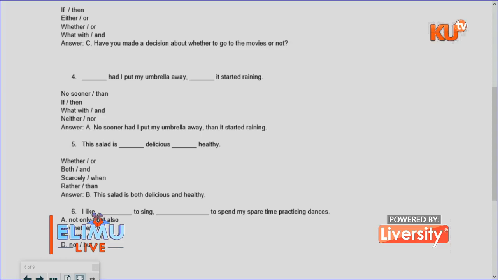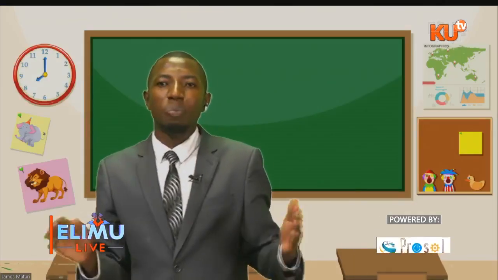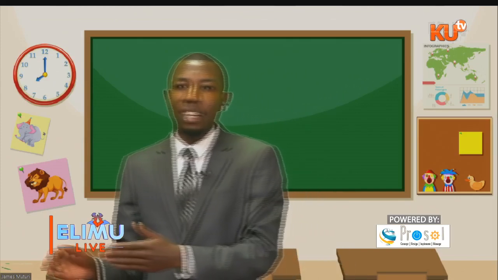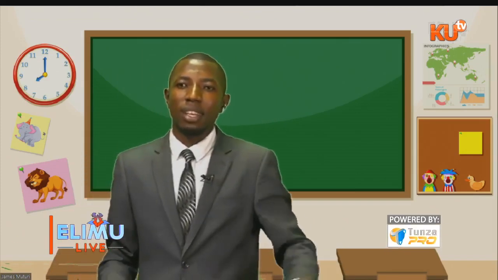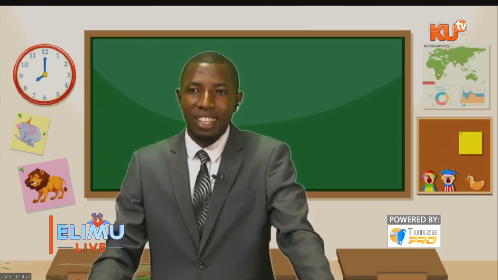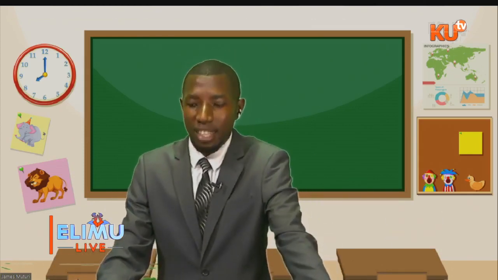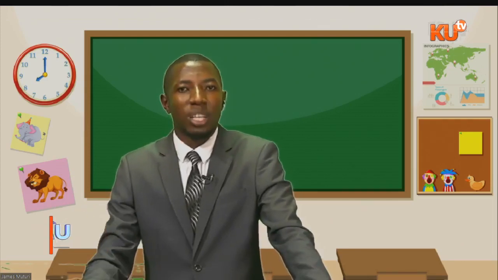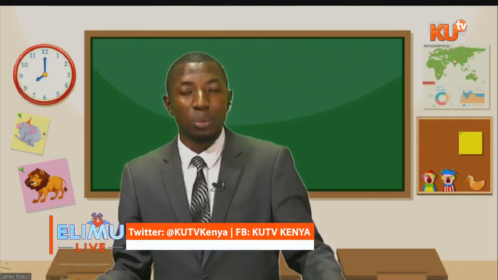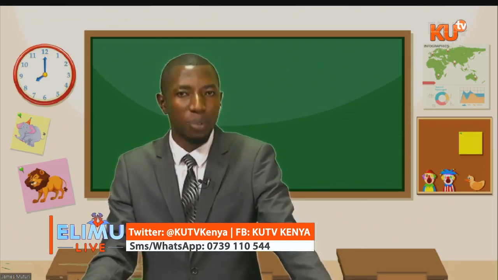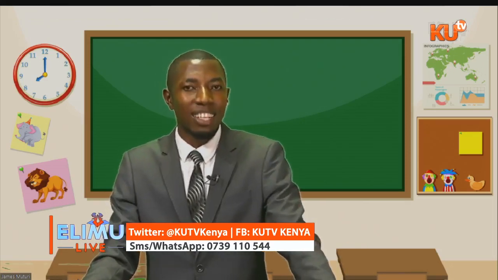Now the question there should be, had you put your umbrella away when it started raining? Had you put it away? I want you to send your feedback. But the answer actually is that you had not put your umbrella away, because the sentence is, no sooner had I put my umbrella away than it started raining.